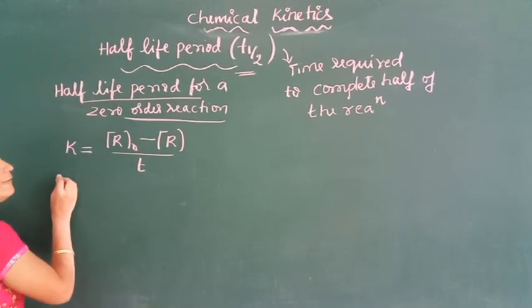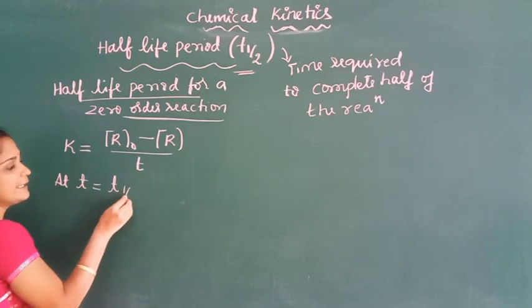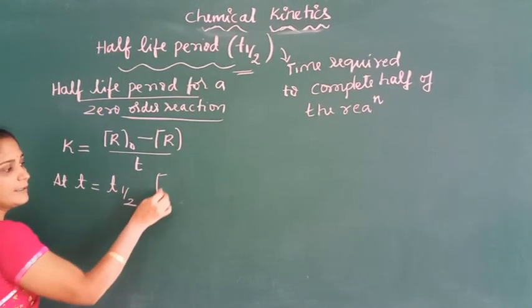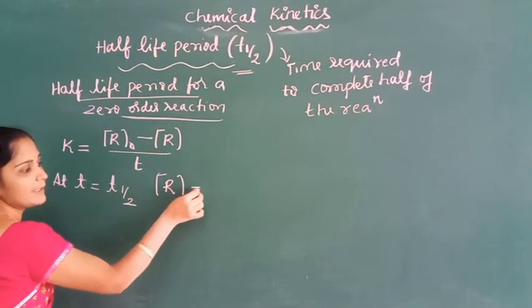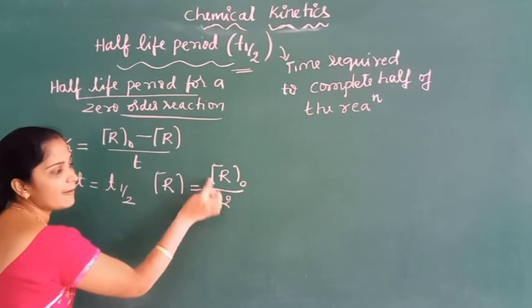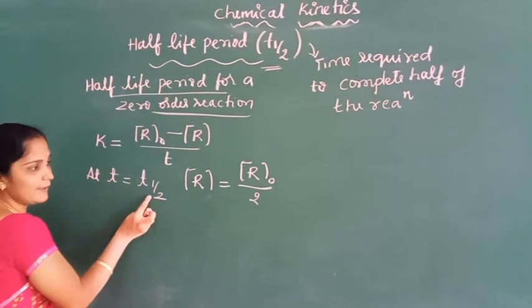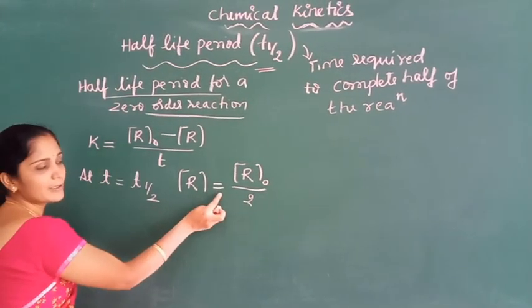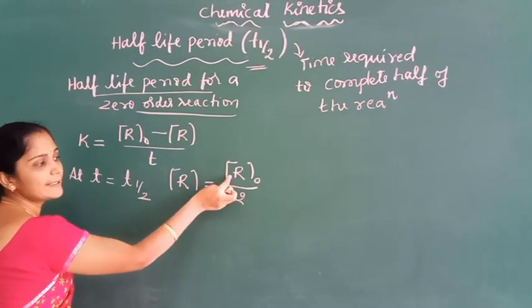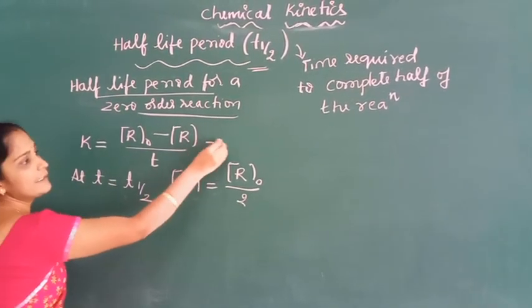At half-life, at t equals t half, the concentration of R is equal to half of its initial concentration. At t equals t half, R concentration becomes equal to half of its initial concentration. So substitute this value in equation number 1.